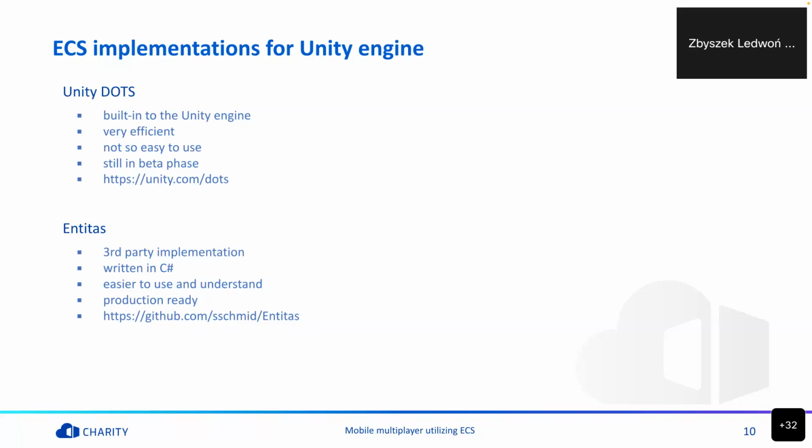Did I understand correctly? Yes, you have your clients with your ECS locally, but you also said that you have your server somewhere in the cloud or an edge resource, where you have another copy of the ECS. Yes, exactly. Together with the server, right? Yes.